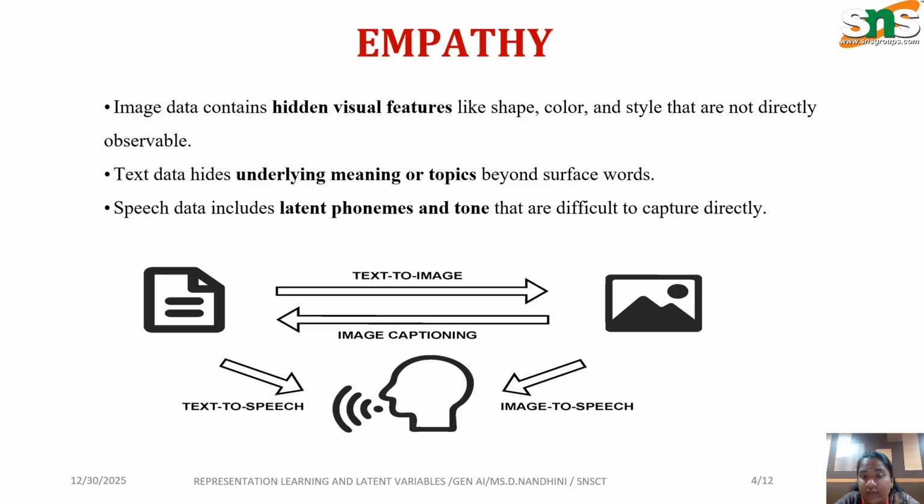For example, in face recognition, the computer sees only the pixels but needs to identify a person's face. We need a method that automatically learns meaningful features from data. This need leads to representation learning and latent variable. A diagram is shown from text to image, image captioning, text to speech and image speech captioning.